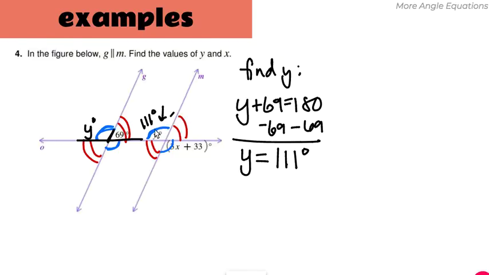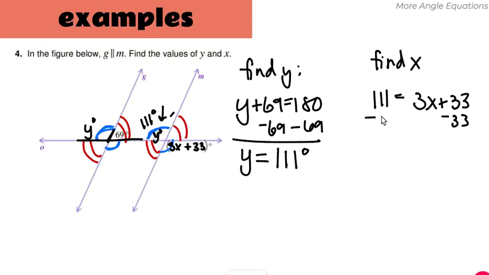Now, if I look here, my y is equal to my 3x plus 33. So if y is 111, to find x, instead of saying y equals 3x plus 33, I say 111 equals 3x plus 33. And I solve.